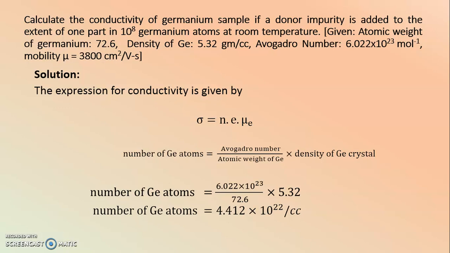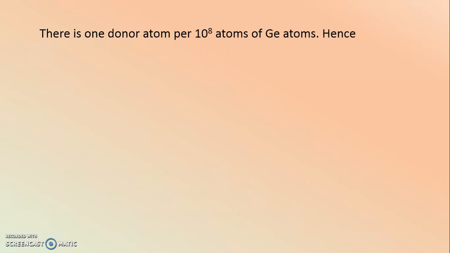But we could not take this number directly, because it is clearly mentioned that 1 part in 10 raised to 8 germanium atoms is added as donor. So out of these total numbers, only 1 per 10 raised to 8 will be useful. There is one donor atom per 10 raised to 8 germanium atoms.